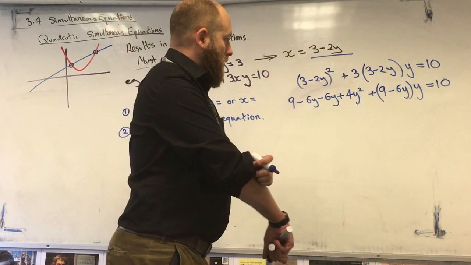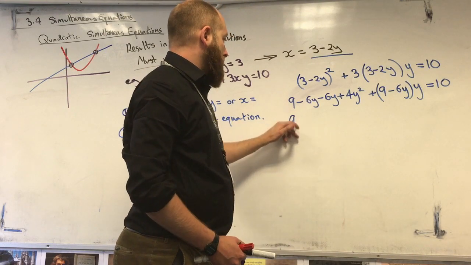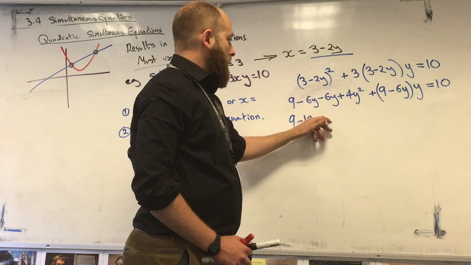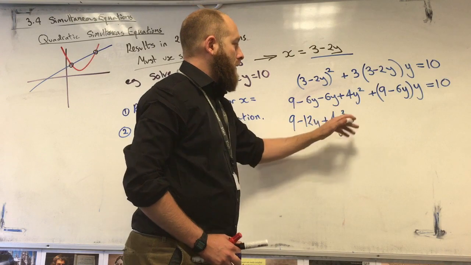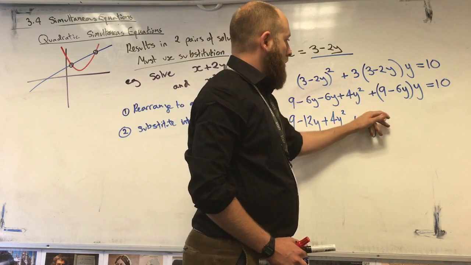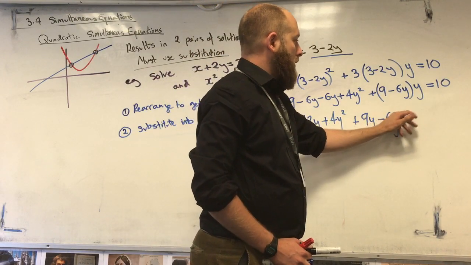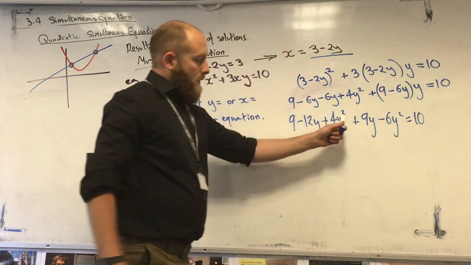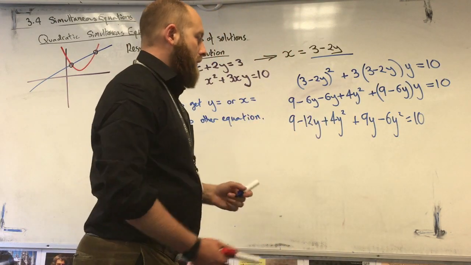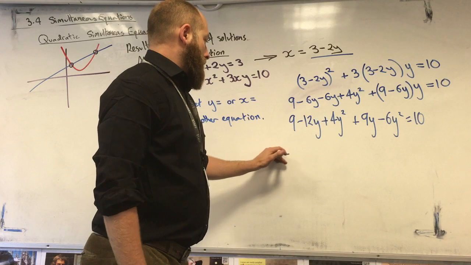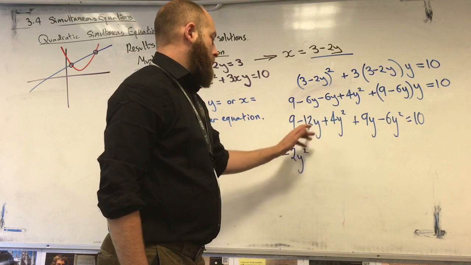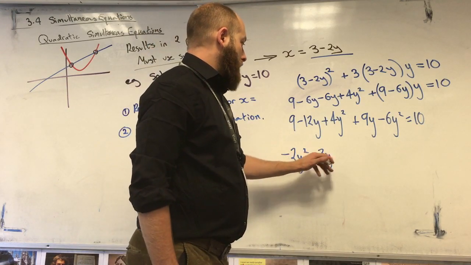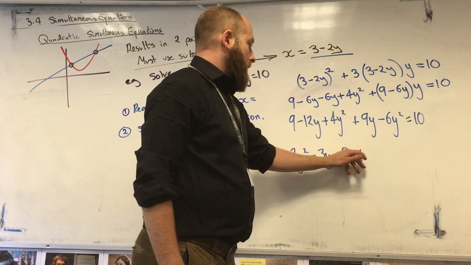And then try and solve this equation. So 9 minus 12y plus 4y squared plus 9y minus 6y squared equals 10. So notice now we've got a quadratic that we're going to need to solve. So we've got minus 2y squared minus 3y plus 9 equals 10.